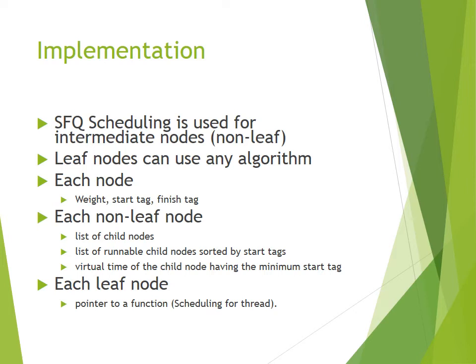In this implementation, each node has a weight, start tag, and finish tag. Each non-leaf node has a list of children nodes, a list of runnable children nodes sorted by start tags, and the virtual time of the child node having the minimum start tag. For the leaf nodes, each leaf node has a pointer to a function.